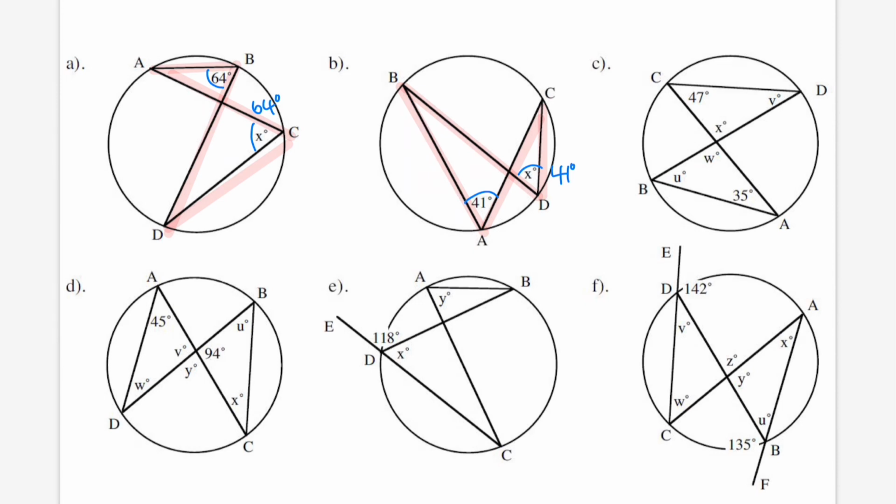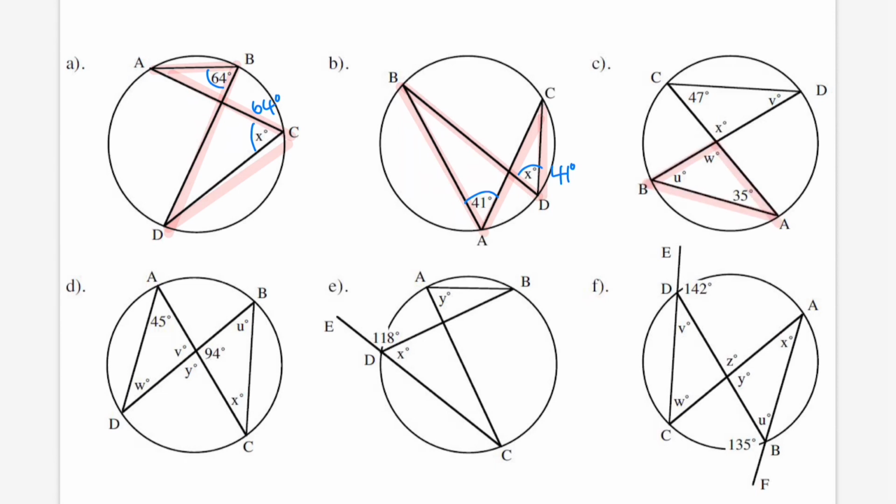In this third one, again, we have that bow shape that we can see. And therefore, v is going to be 35, and u is going to be 47. To find the x and the w, this time I'm going to be looking for a triangle.